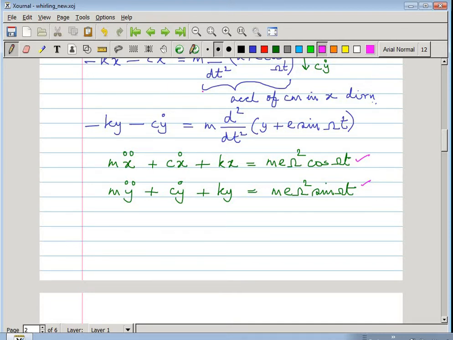So now how is it solved? It is solved like this. You multiply the second equation with i, where i is equal to root over minus 1, and add the equations.